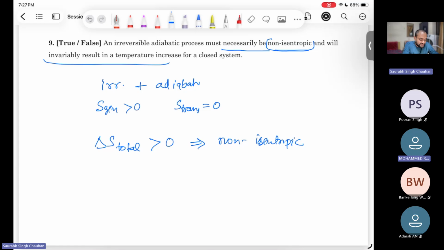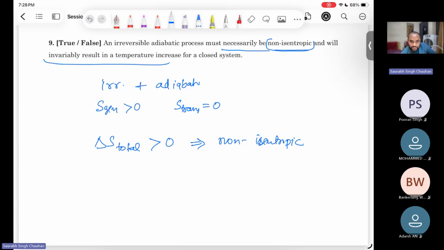If the process is adiabatic, that means heat will neither go inside the system nor leave the system. But if the process is irreversible, that means some high quality, high grade energy is being degraded into low grade energy, into heat. There will be some dissipation in the form of friction, viscosity, like that. So temperature will increase.